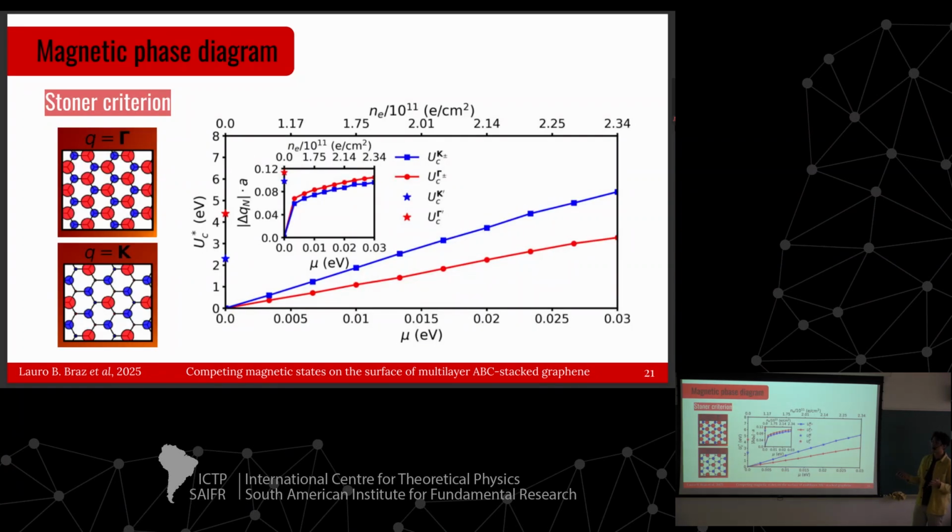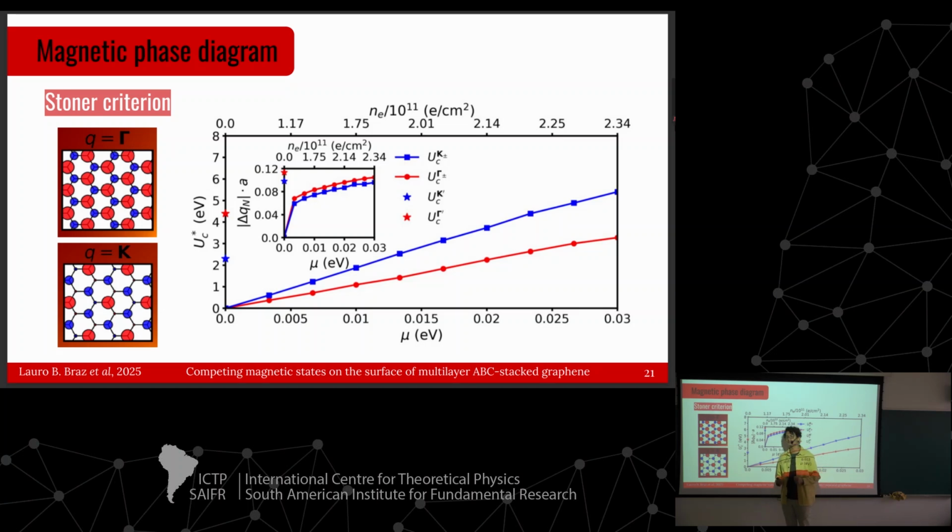And finally, we notice that studying the phase space of the system, this happens only at the flat band. In the y-axis, you're seeing the critical Hubbard U, which would be expected to be zero exactly at the flat band because of the Stoner criterion.